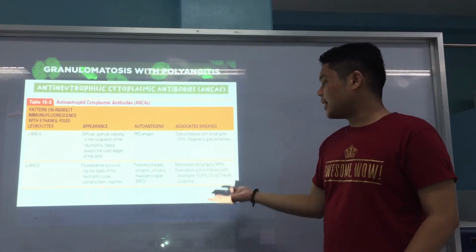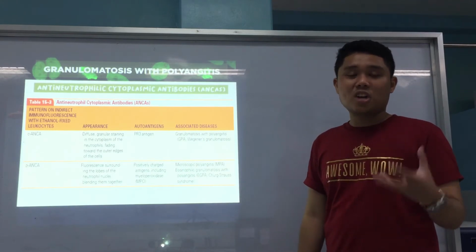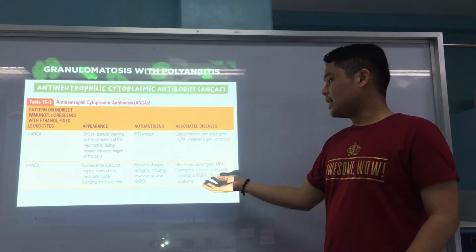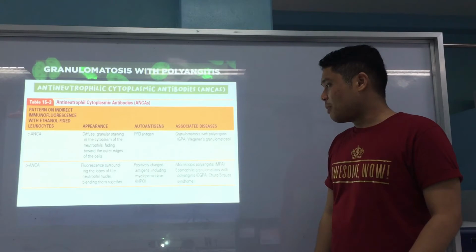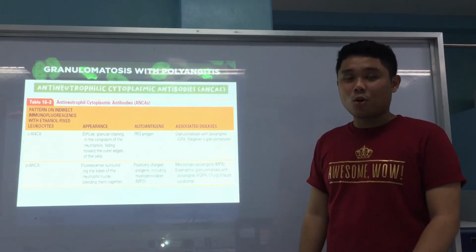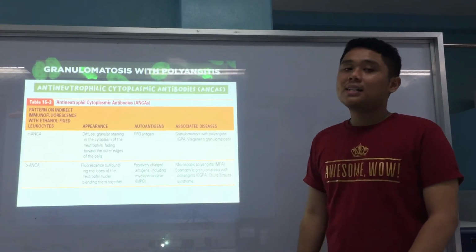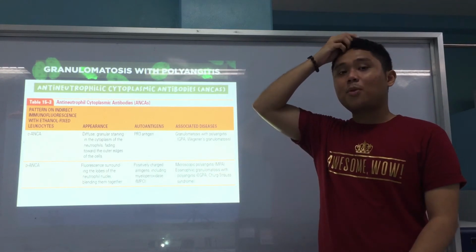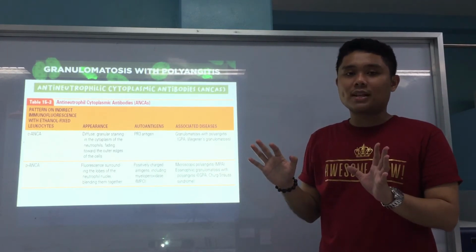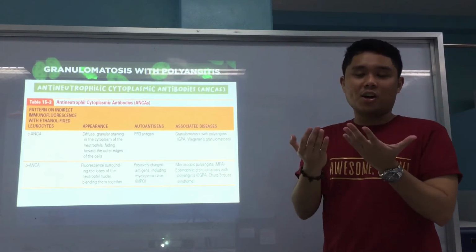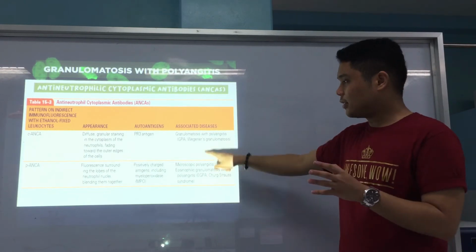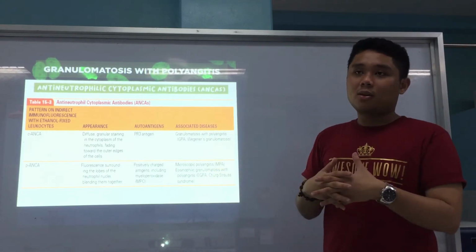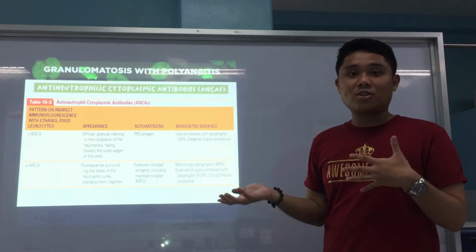For peripheral ANCA, it's more on the other polyangiitis, your microscopic polyangiitis and eosinophilic granulomatosis with polyangiitis or Churg-Strauss syndrome. So, the other polyangiitis, because Wegener's granulomatosis is a group of diseases which have the same symptoms, polyangiitis.